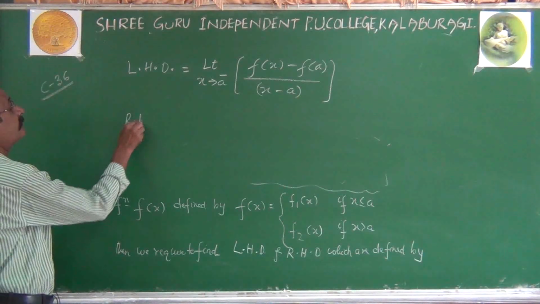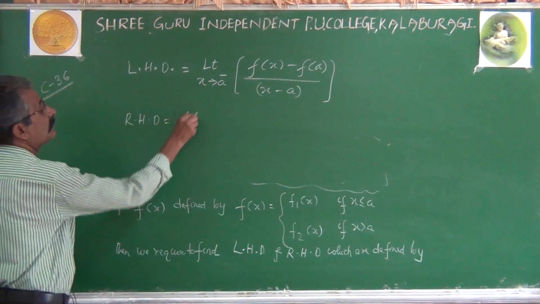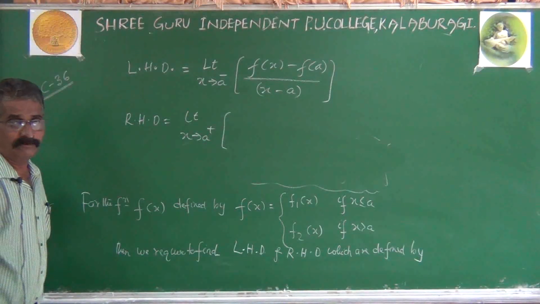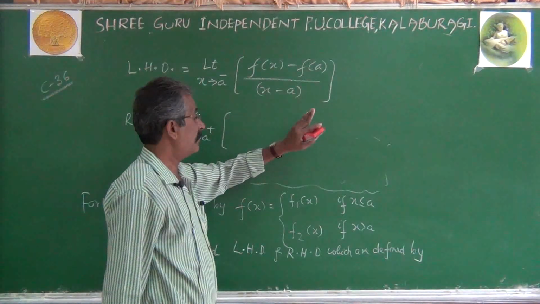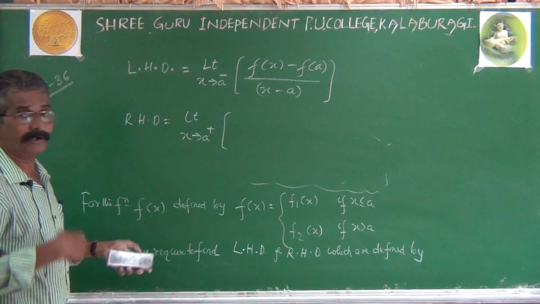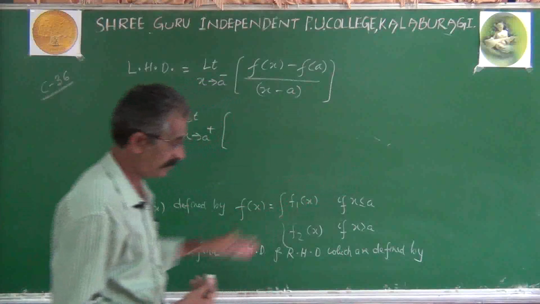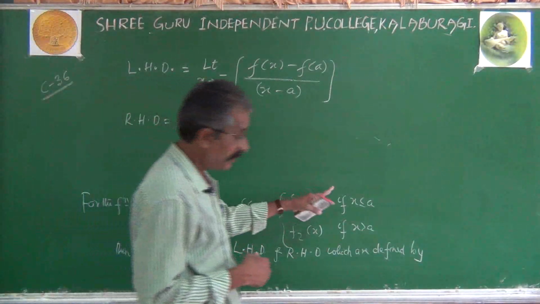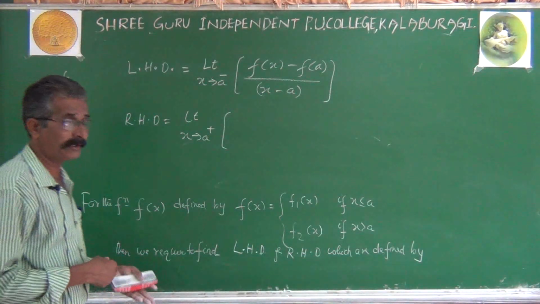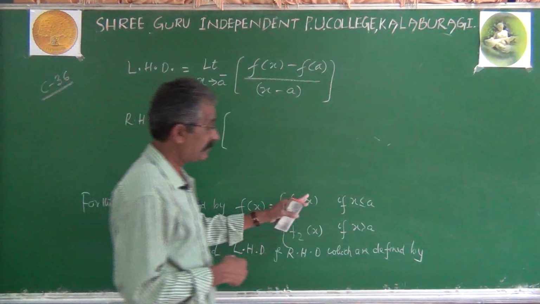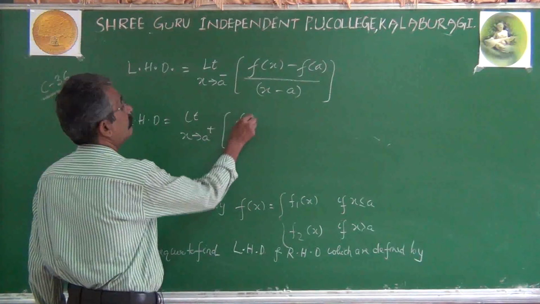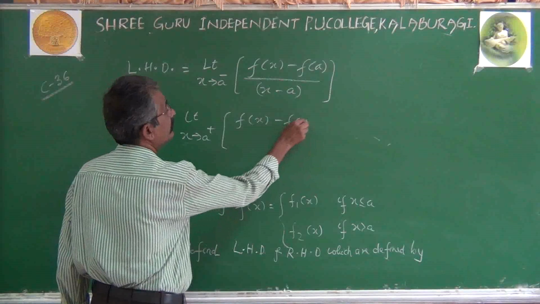Next, the right-hand derivative RHD equals the limit as x tends to a plus. The formula format is the same, but for the left-hand derivative refer to the x less than a condition, and for the right-hand derivative refer to the x greater than a condition, that's all. But you have to observe where x less than a holds and where x greater than a holds, that is your ability. You must correctly recognize in the problem where we have x less than a and where we have x greater than a. f of x minus f of a divided by x minus a.